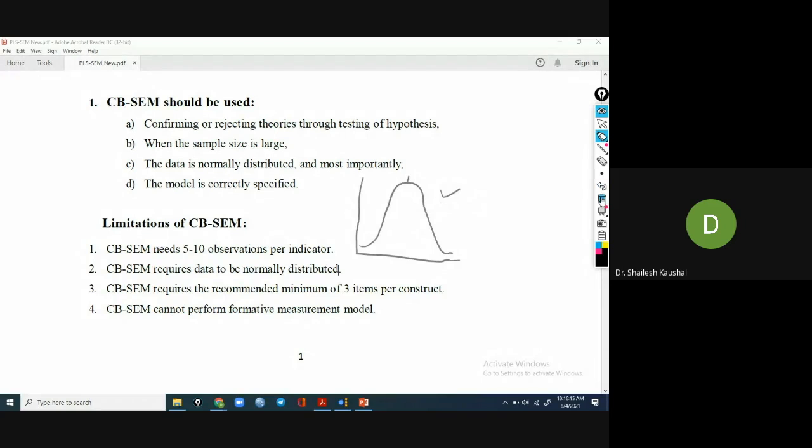But sometimes we do not always obtain normally distributed data, because there may be a problem of skewness, and the shape of the distribution may have positive skewness or negative skewness.